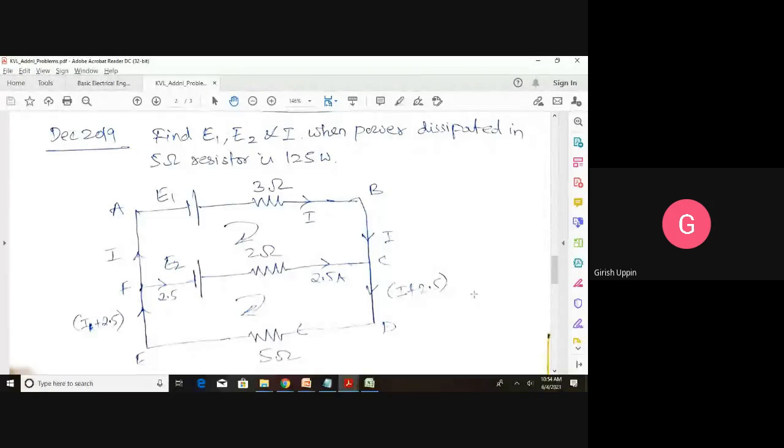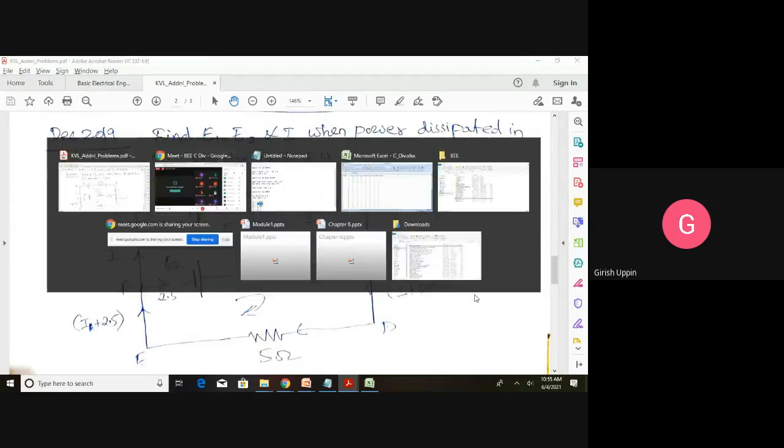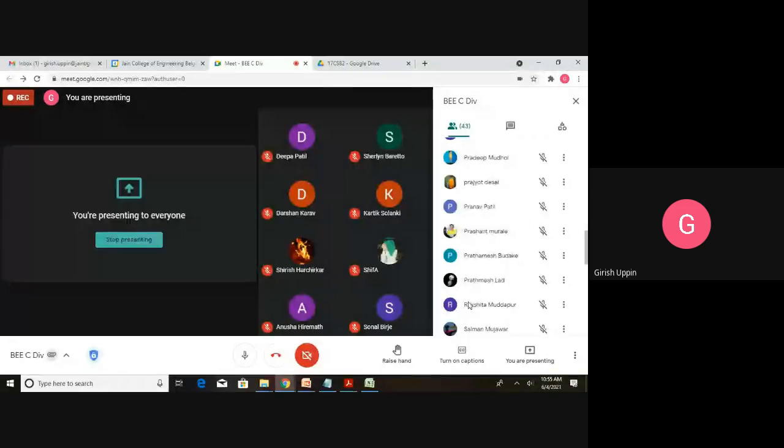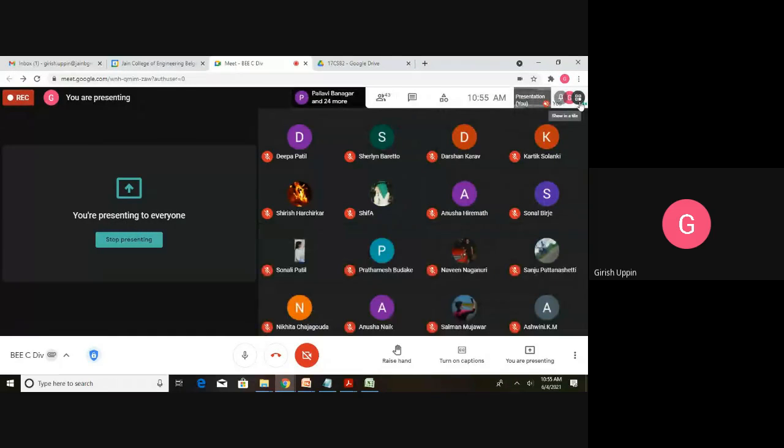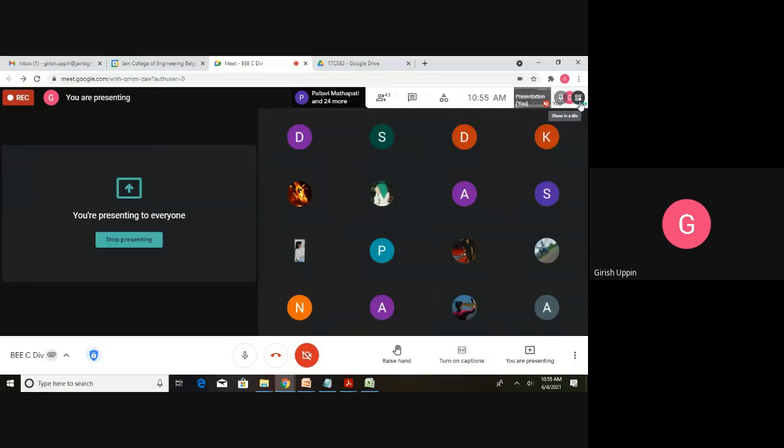Any ideas here how to find the unknowns? Anybody? Any idea how to solve this? This is from the question paper.